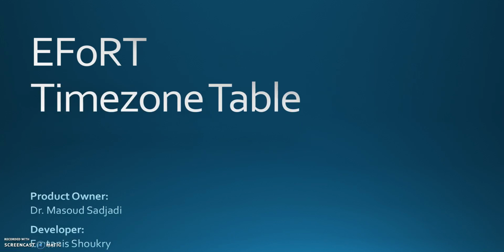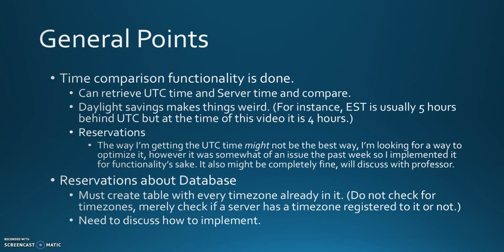But besides that, I just wanted to get it done in terms of functionality first so I could get everything working and make sure it's possible. So with the database as well, we have to create, and I'm not sure if this is what the professor meant already when he assigned this user story to me, a table with every time zone already in it.